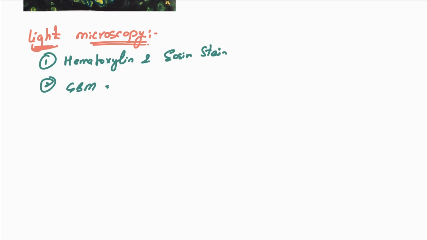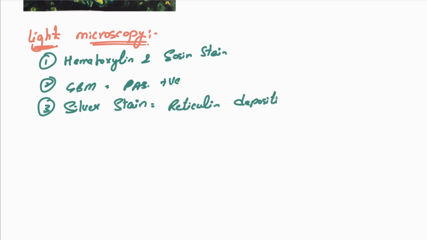I already told you the stain used is periodic acid-Schiff, so PAS. It will be PAS positive. And the third one is silver stain. It is useful to stain the reticulin depositions. And the fourth one is Congo red. You know it is useful for staining the amyloids.